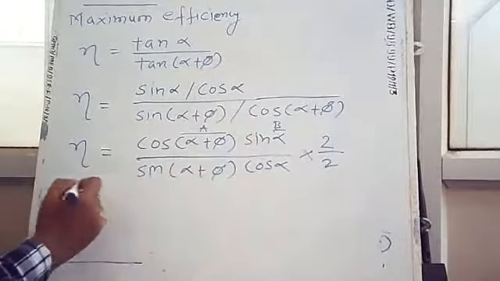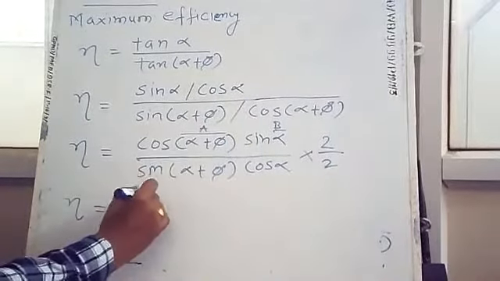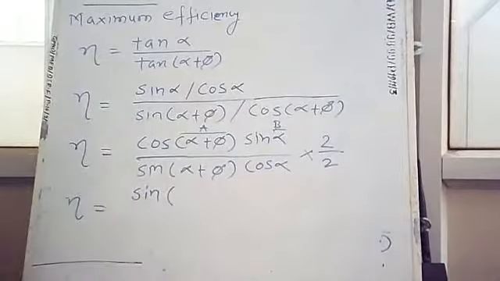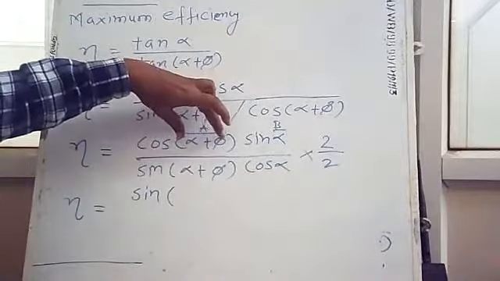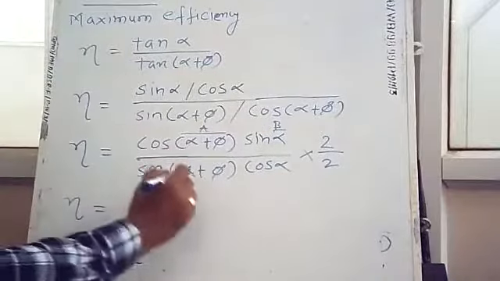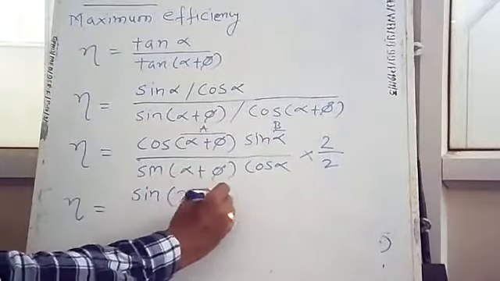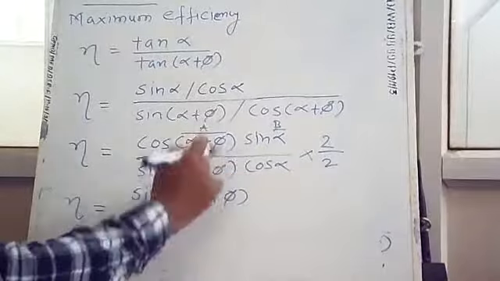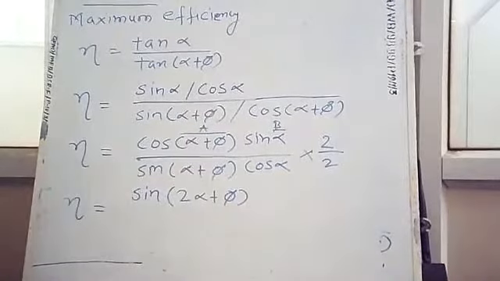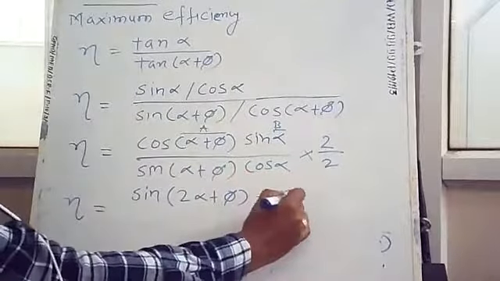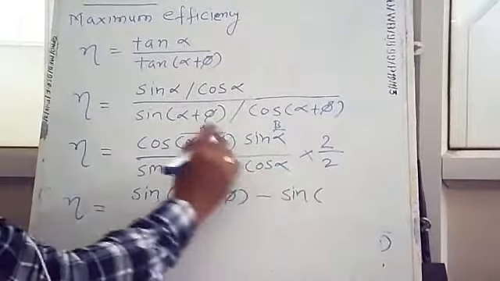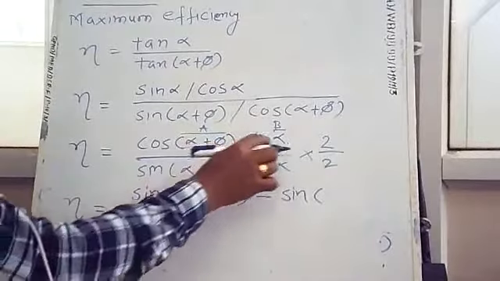So now it becomes sin A plus B, minus sin A minus B. So 2 cos A sin B is sin of alpha plus phi plus alpha, minus sin of alpha plus phi minus alpha.